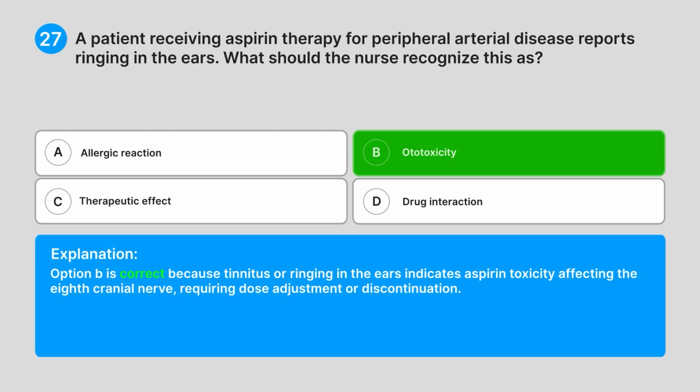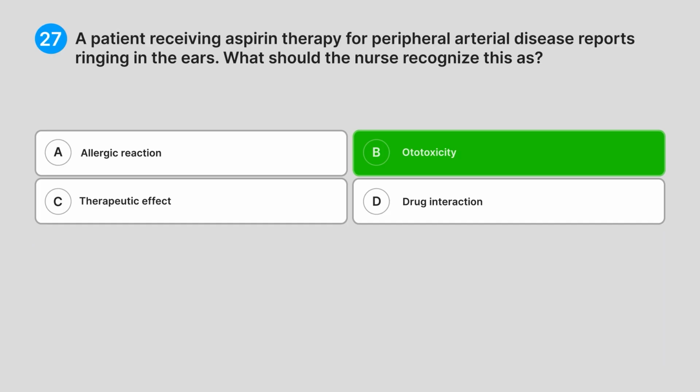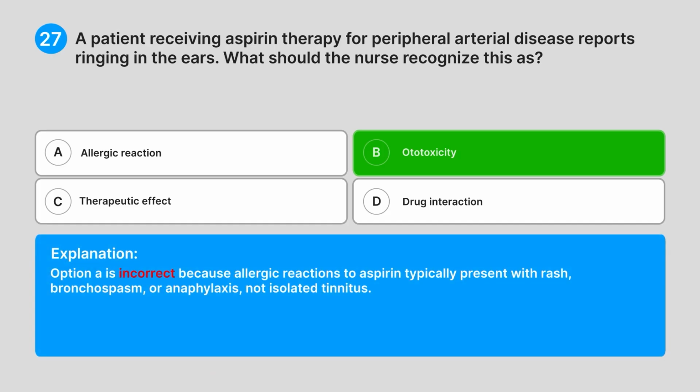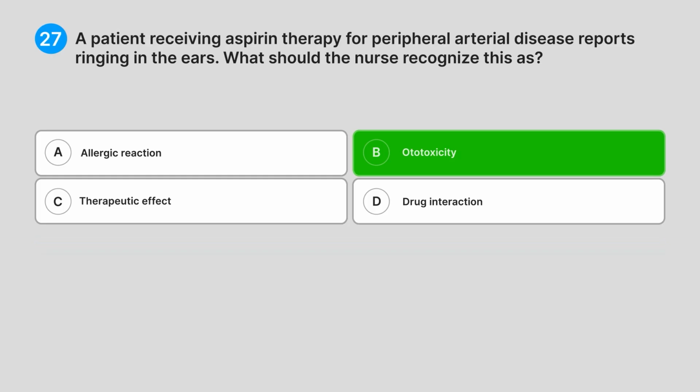Explanation, option B is correct because tinnitus or ringing in the ears indicates aspirin toxicity affecting the 8th cranial nerve, requiring dose adjustment or discontinuation. Option A is incorrect because allergic reactions to aspirin typically present with rash, bronchospasm or anaphylaxis, not isolated tinnitus.